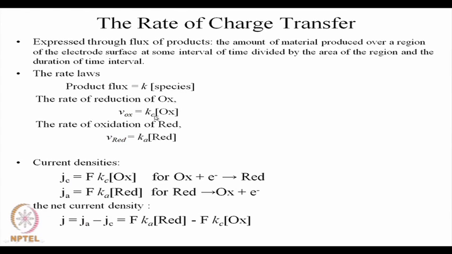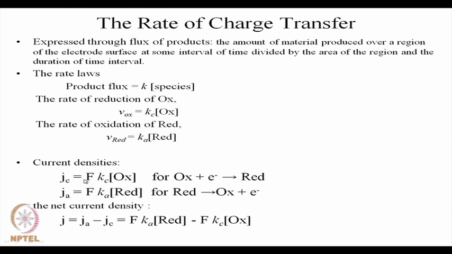Cathodic means reduction, times ox concentration. In the same way, the rate of oxidation of reduced substance is V red, which is equal to K anodic into reduced species concentration.